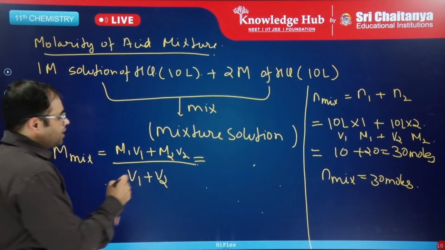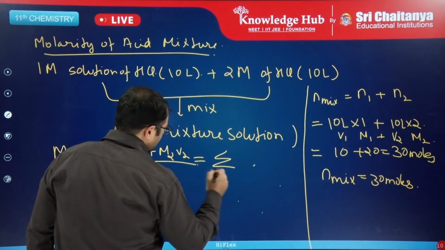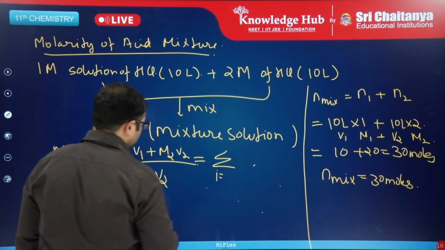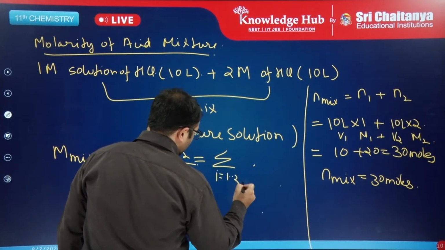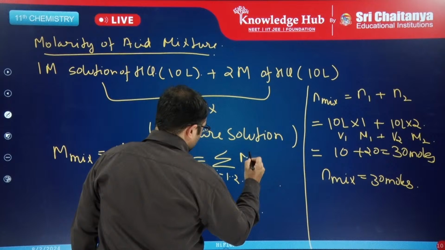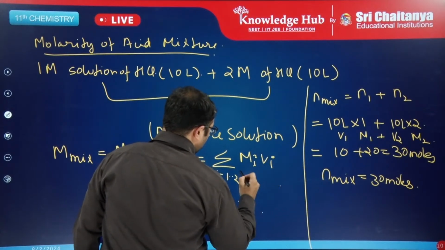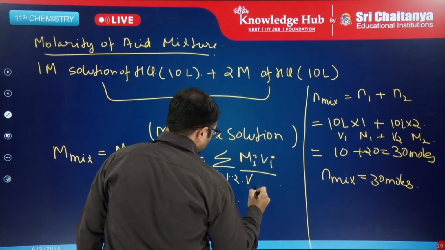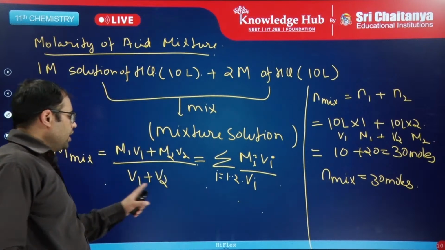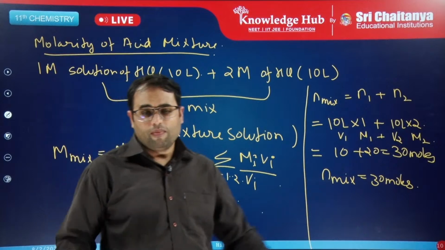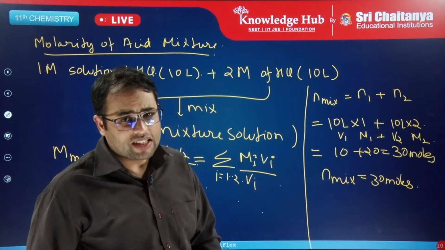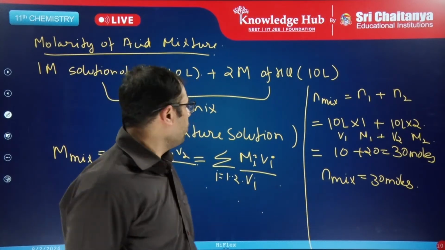This I can write with the symbol sigma, where i goes from 1 to 2, of Mi Vi divided by the sum of Vi. So this is how you find the molarity of a mixture of acids, and if it is a base, again you can follow the same formula.